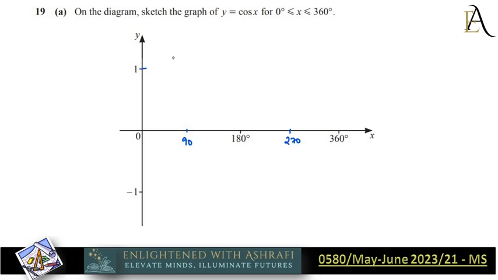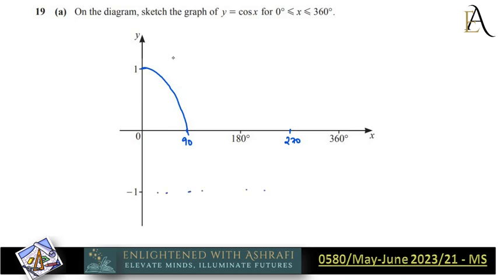So when I have cos 90, it is 0, so I go to 0 over here. Then cos 180 is -1.